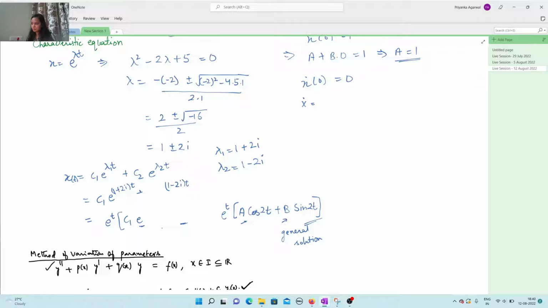Now when we write it in the matrix form, we know that the determinant of this particular matrix is the Wronskian. Now we get the Wronskian, and based on the Wronskian we can tell whether the solutions are linearly independent or linearly dependent.